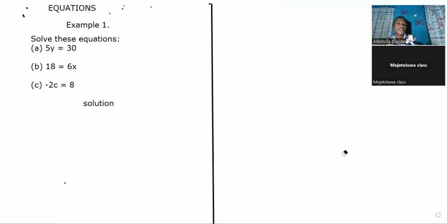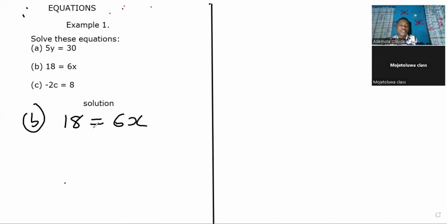A big part. We have 18 equals 6x. If you look at this, 18 equals 6x, meaning that if you want to find the value of x, x is there.